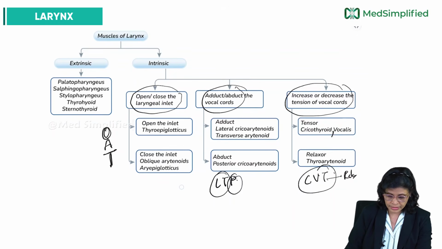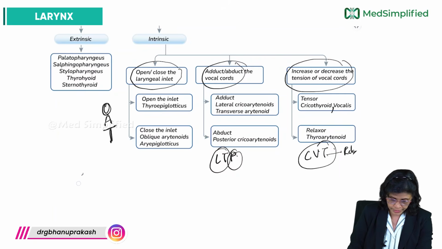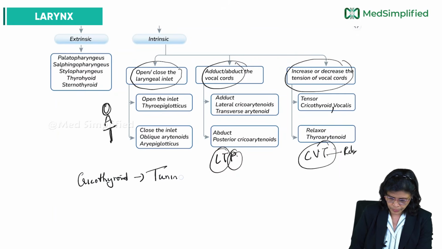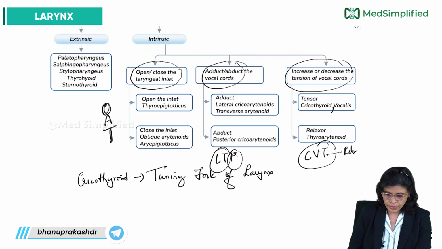Similarly, we have one more muscle which we call the tuning fork of the larynx, and that is the cricothyroid. Why is it called so? See, it is bringing about the tension of the vocal folds, right?